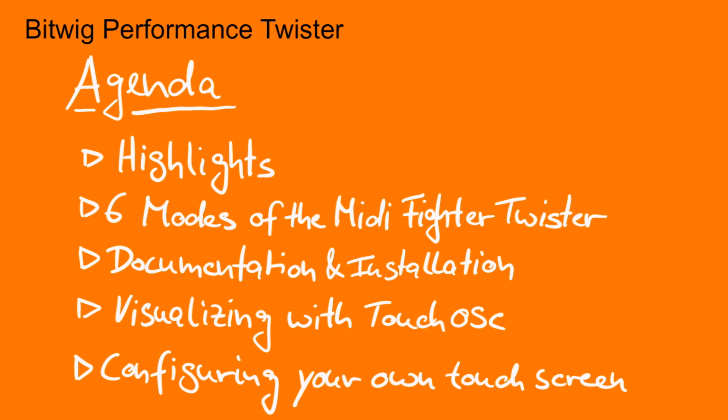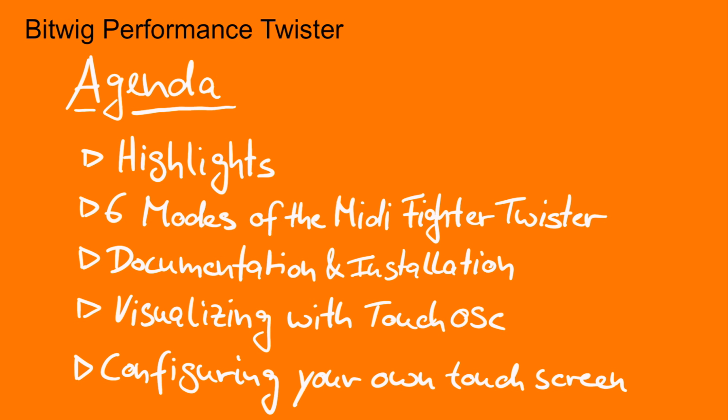Then, if you think you would like to use the script, I'll dig deep into the 6 modes of the Midi Fighter Twister and what you can do with this Midi controller in conjunction with Bitwig. Then comes the part about the documentation that is available and how to install Bitwig Performance Twister.